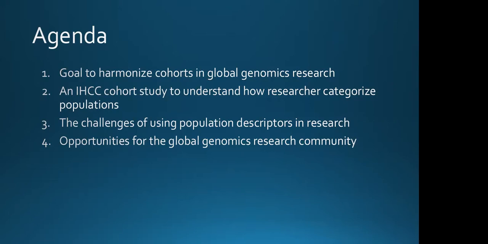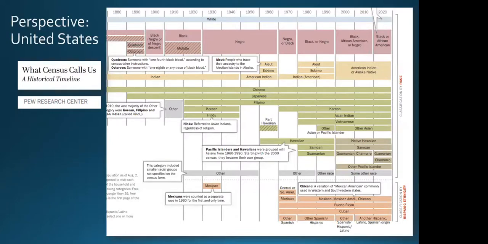To start, I'd like to share that I became interested in this topic because of my work on law, race, and pharmacogenetics. The United States Office of Management and Budget census categories are used in biomedical research in the United States, and often these same United States census categories are exported internationally to describe global populations, especially when companies want FDA approval.